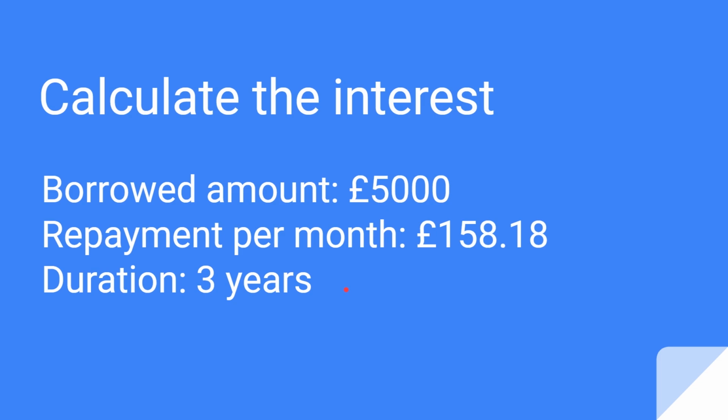So 158.18 multiplied by 36 is 5,694. Then we subtract that 5,000, and then we divide by 5,000, which is the borrowed amount. And we times through by 100. We get 13.88%. So that's the way that one breaks down.